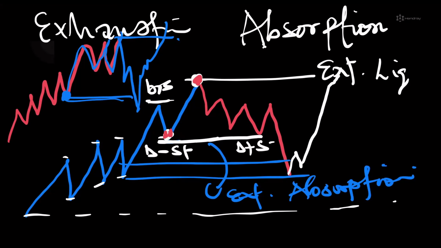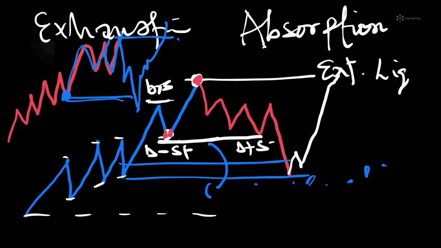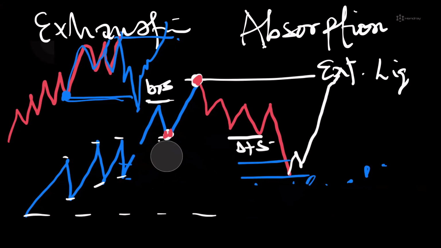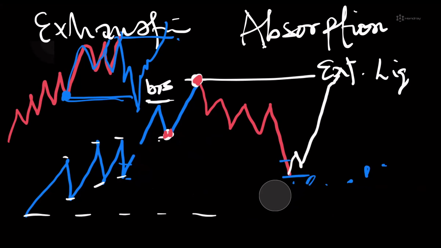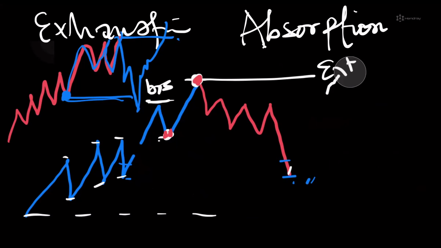Is that understood? So let's now take a look at internal absorption. Same example. I will use the same example so that we can get the picture. So let's take a look at this.